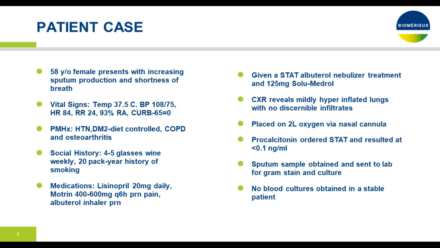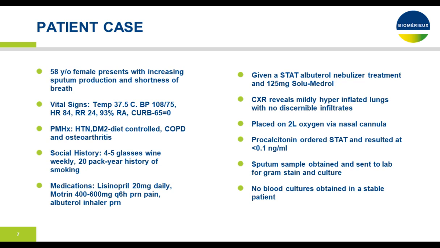Her past medical history is significant for hypertension, type 2 diabetes, which is diet controlled, COPD, and osteoarthritis. Her social history: 4 to 5 glasses of wine per week, and a 20-pack year history of smoking. Current medications: lisinopril 20 milligrams daily, PRN Motrin for her osteoarthritis, and a PRN albuterol inhaler.